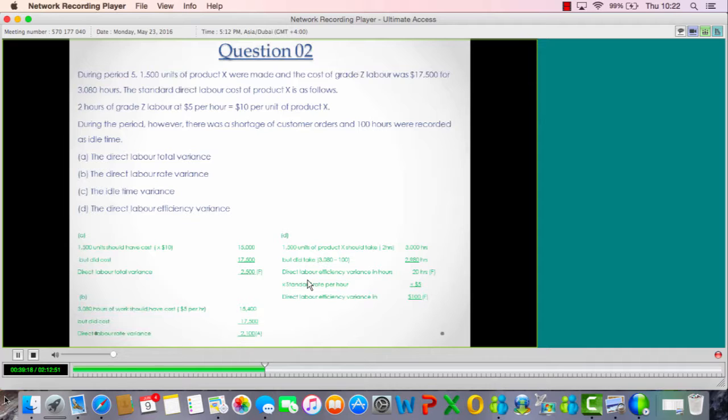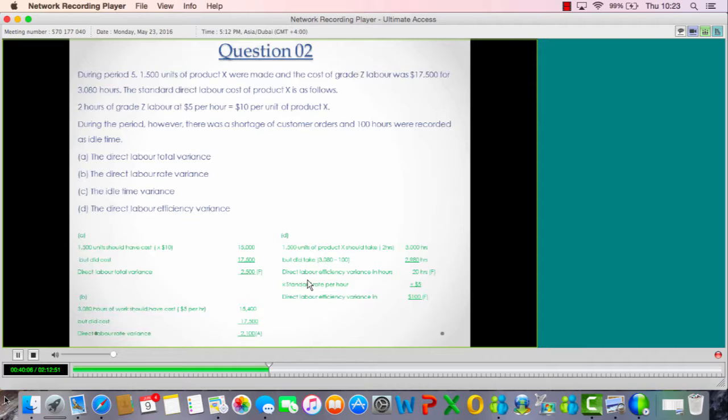It should be 2,100 adverse plus 100 favorable plus the idle time, which should give you the total variance. Let me calculate it. It comes to 2,500 adverse, right? Yes.